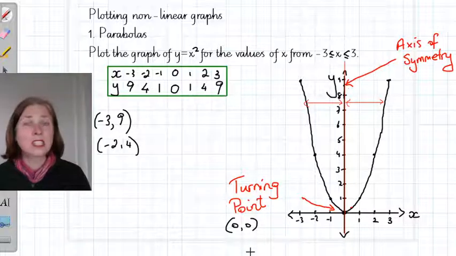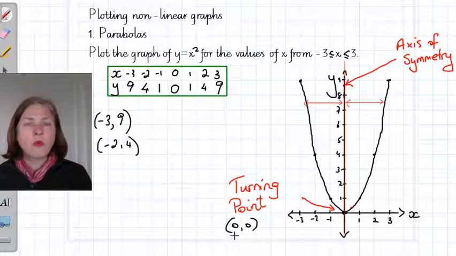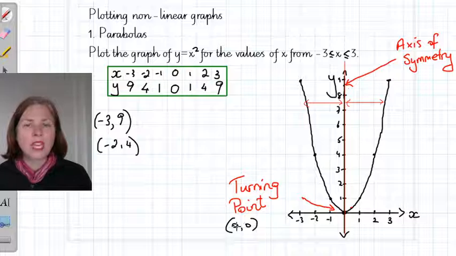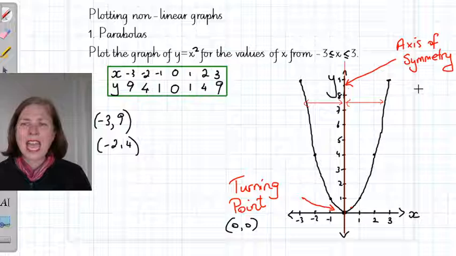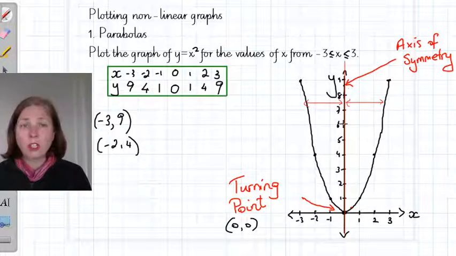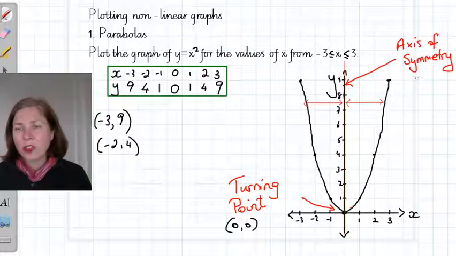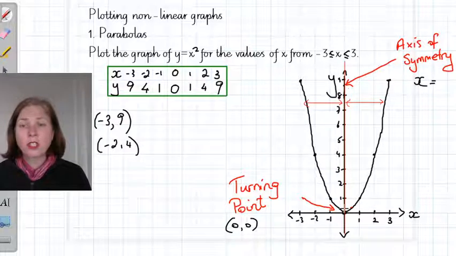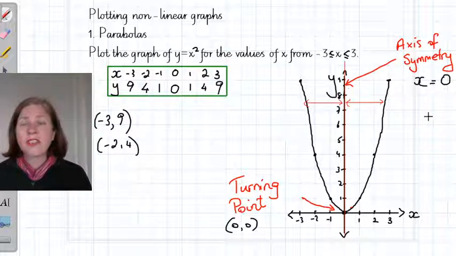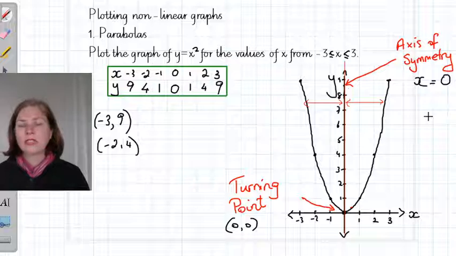If I'm asked what is the turning point, I would always give a coordinate pair with an x and y value. If I was asked for the axis of symmetry, it's a vertical line, which means it's got the form x equals something, and this particular vertical line goes through x equals 0. So that is the line of the axis of symmetry. They're two key skills that you need to know.